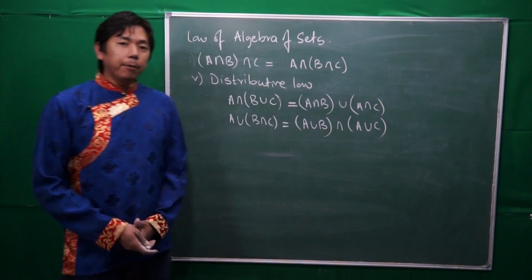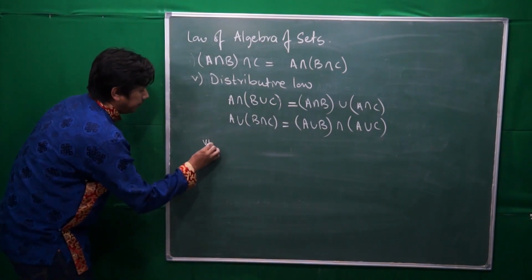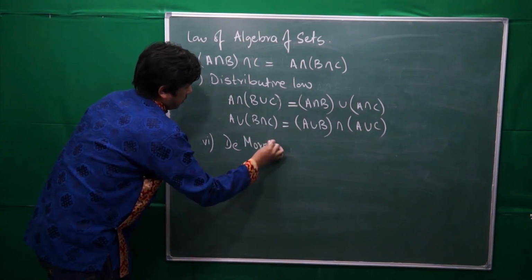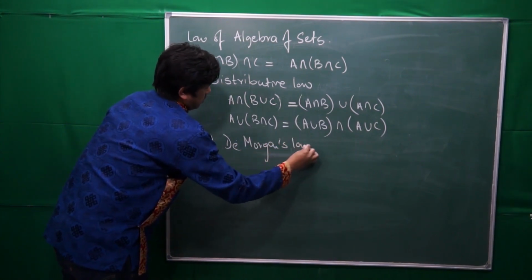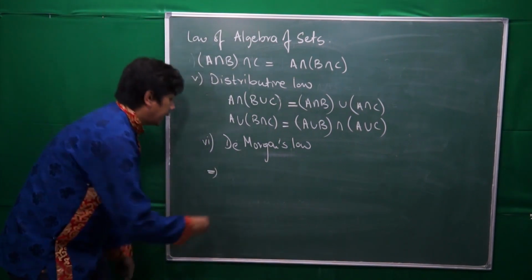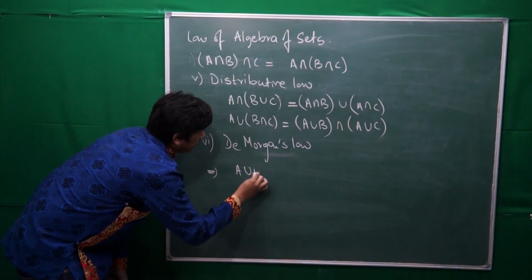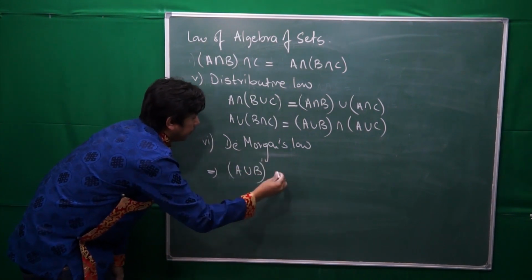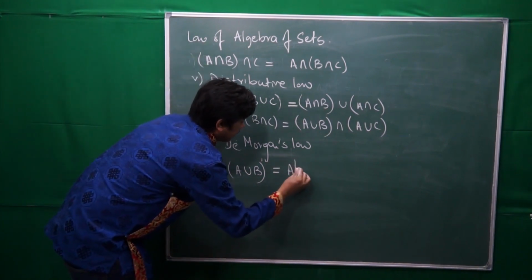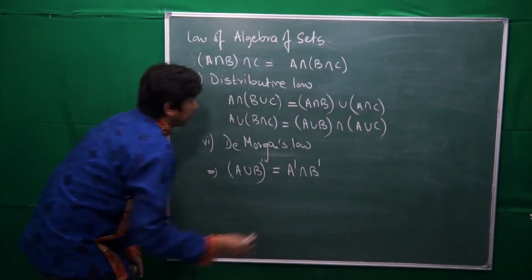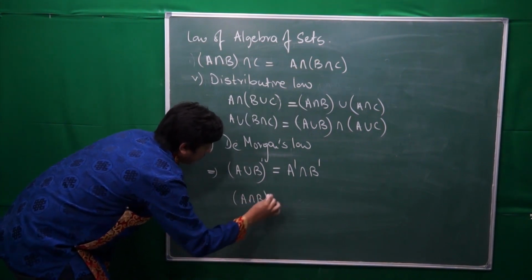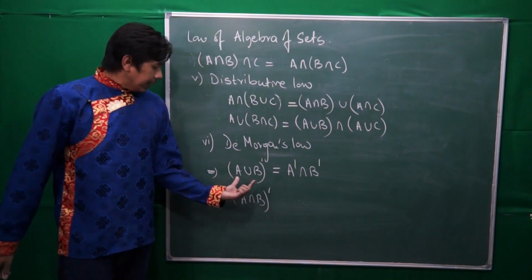There's one more law by the name of De Morgan's law. So De Morgan's law states that A union B whole complement is equal to A complement intersection B complement. Similarly, for intersection, A intersection B whole complement. Now in this case, what is happening?